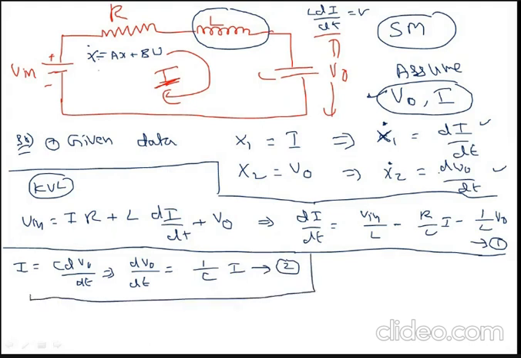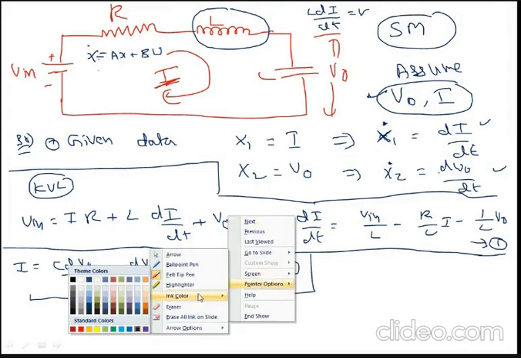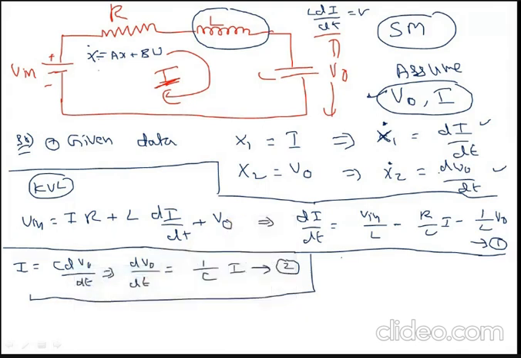Now the next step, after getting this, is replacing equations 1 and 2 with the state variables x1 and x2.